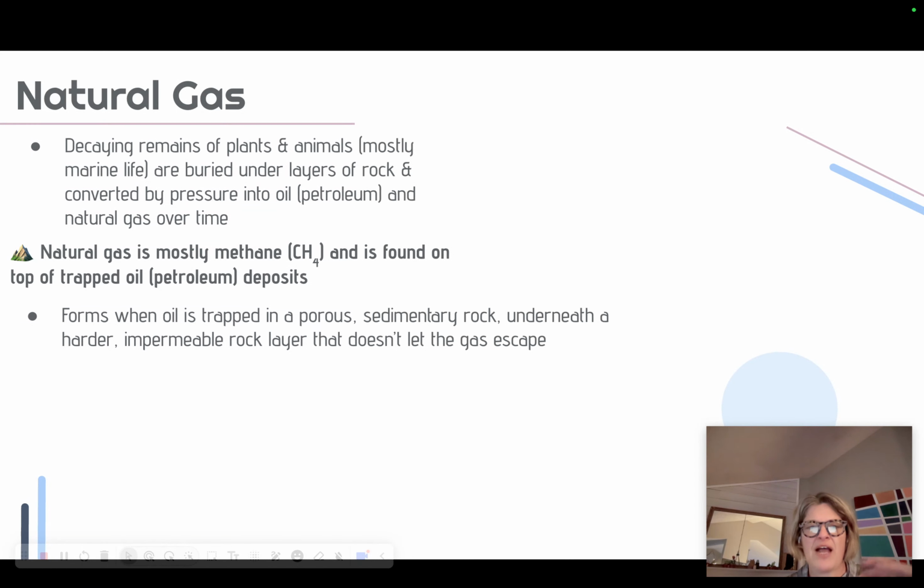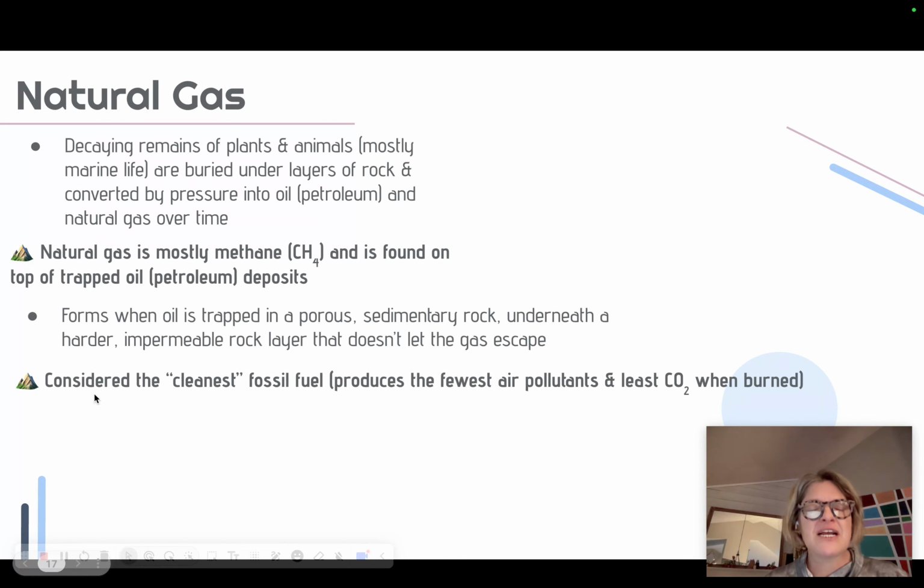If it's not under that impermeable rock layer, that methane gas will just escape naturally over time. So when companies are looking for natural gas, they employ geologists, because the geologists determine what kind of rock it is. If it's an impermeable surface, they can do scanning, they can do some drilling and determine if there's natural gas down there.